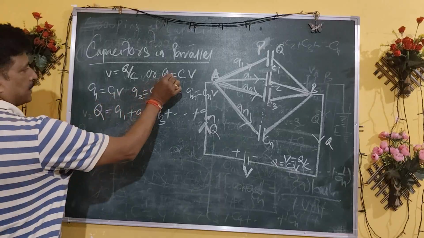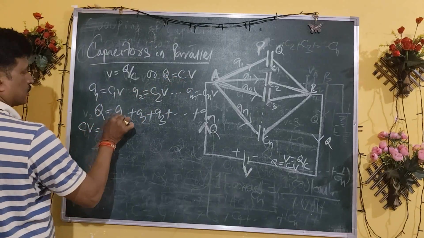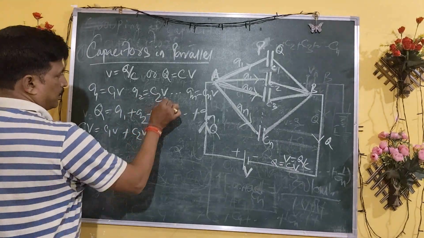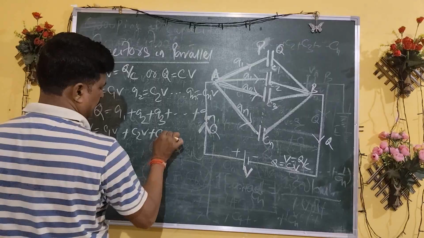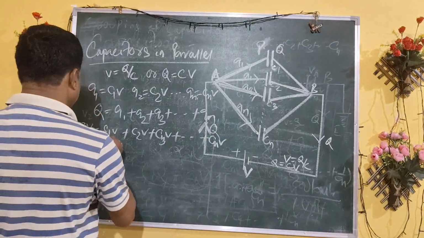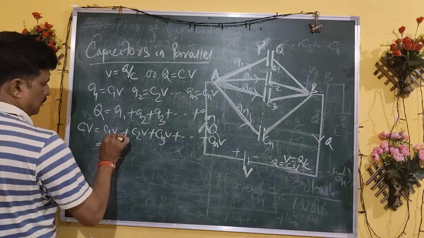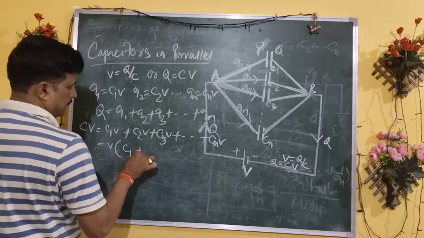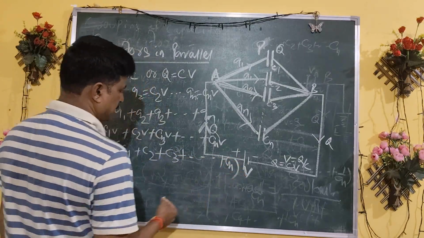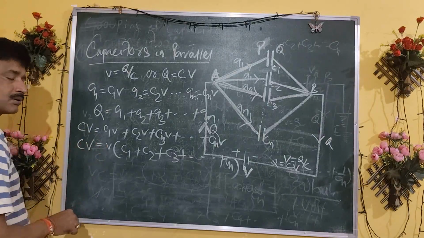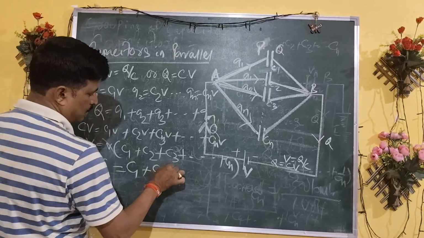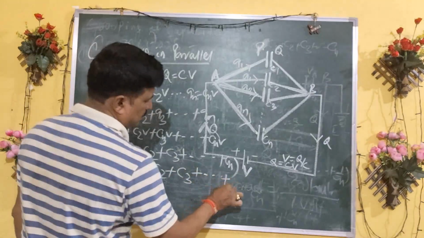So putting in here, Q, that is C into V, is equal to Q1, that is C1 into V, plus C2 into V plus C3 into V plus dash plus Cn into V. Now taking V common from all these, it becomes C1 plus C2 plus C3 plus dash plus Cn, and this is equal to C into V. Now cancelling V from both sides, C is equal to C1 plus C2 plus C3 plus dash plus Cn.